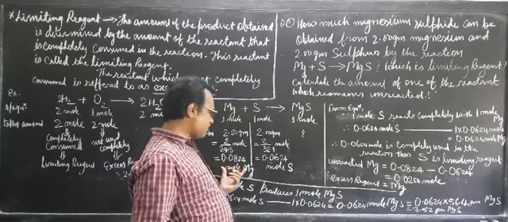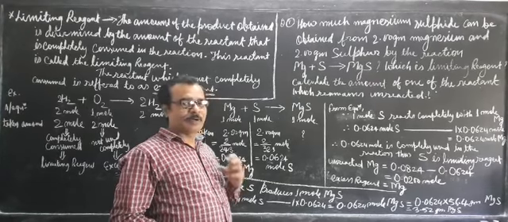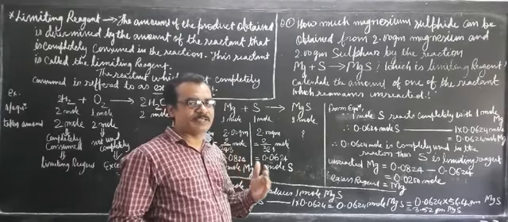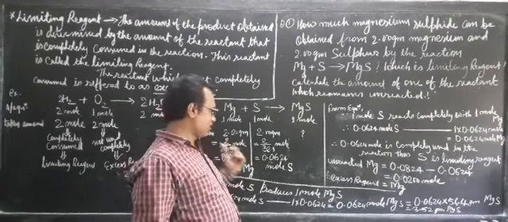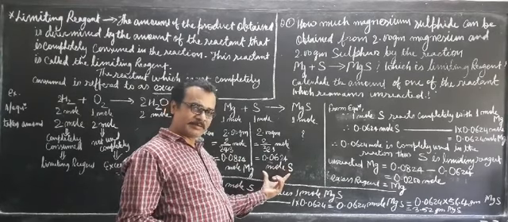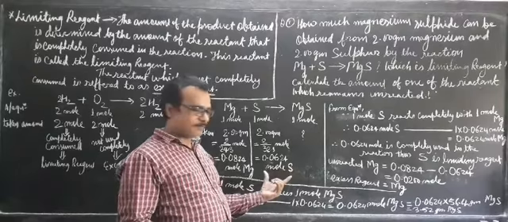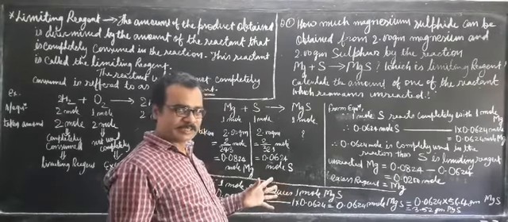So that means magnesium is in excess, because some amount of magnesium remains after the chemical reaction. So magnesium is an excess reagent, whereas sulfur is used up completely, nothing remains of sulfur. Sulfur is not remaining after the reaction.